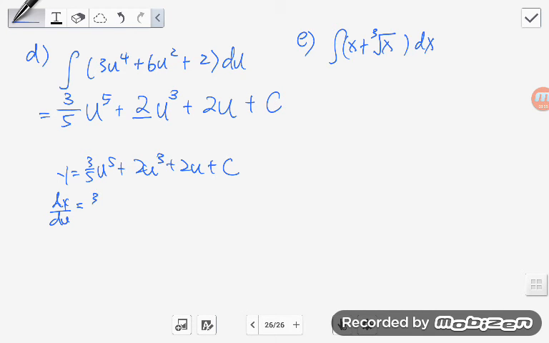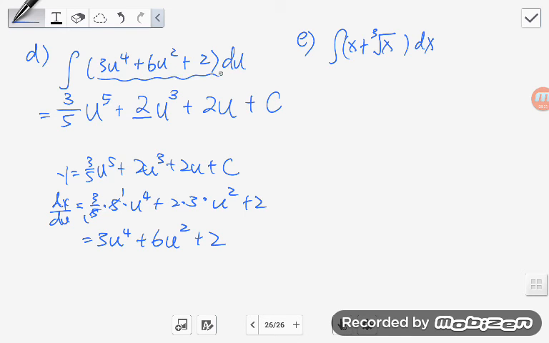I'll get 3 over 5 multiplied by 5, and the power of u is going to drop by 1, so I have u to the power of 4, plus 2 times 3 multiplied by u squared, plus 2. And if I differentiate the c, it becomes 0. The 5 and the 5 cancel out, I get 3u to the power of 4, 2 times 3 gives us 6u squared, plus 2, which is what we have over there. So that's good.